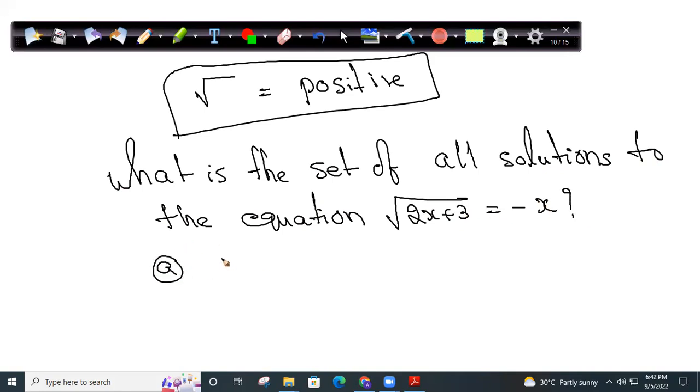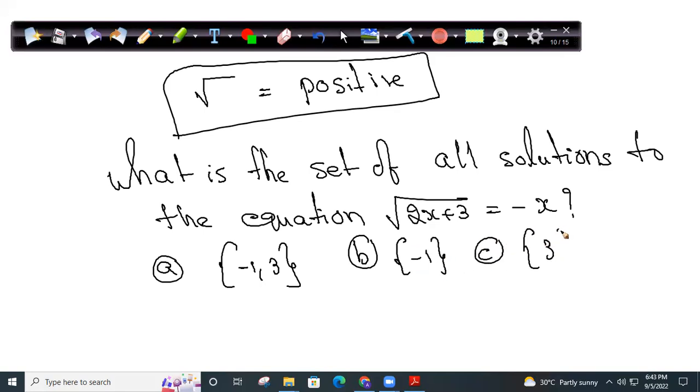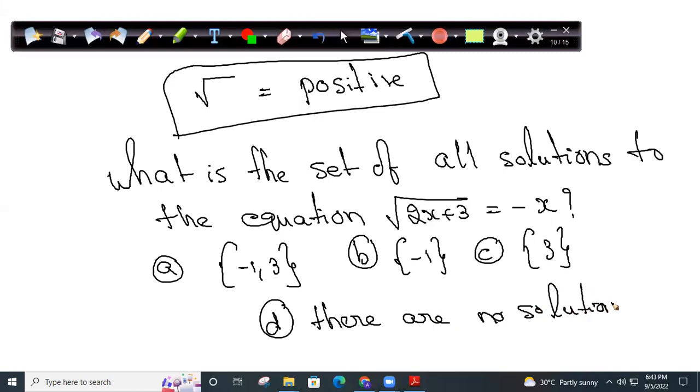Option A, -1, 3. Option B, -1. Option C, 3. Option D, there are no solutions to the given equation.